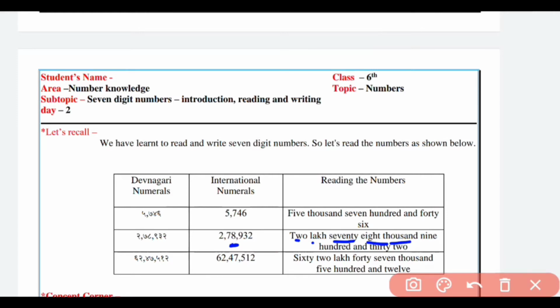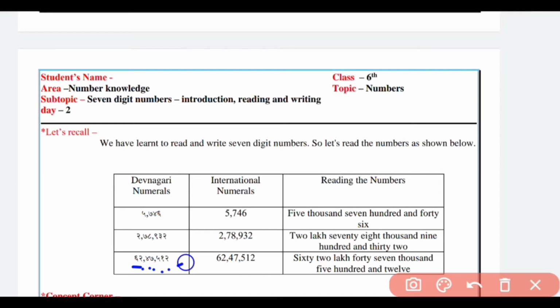Then 9 is at hundreds place, so we write 900, and the last two digits 3 and 2 make together 32. So in this way the number can be read as 2,78,932.